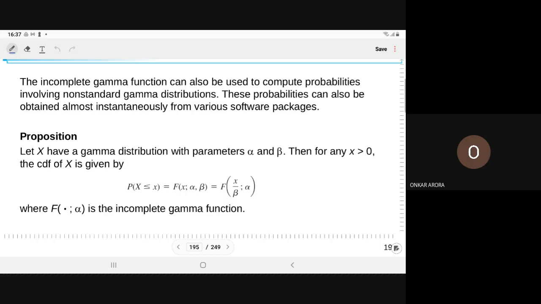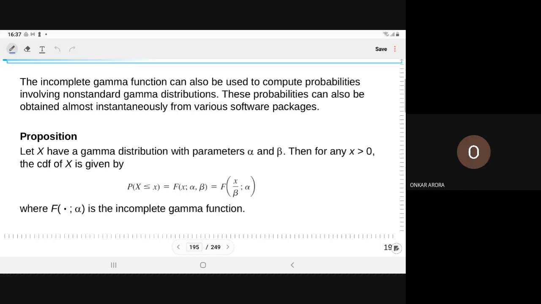What we have to do is modify the given gamma variate to the standard gamma variate. The incomplete gamma function can also be used to compute probabilities involving the non-standard gamma distribution. These probabilities can also be obtained almost instantaneously from various software packages.